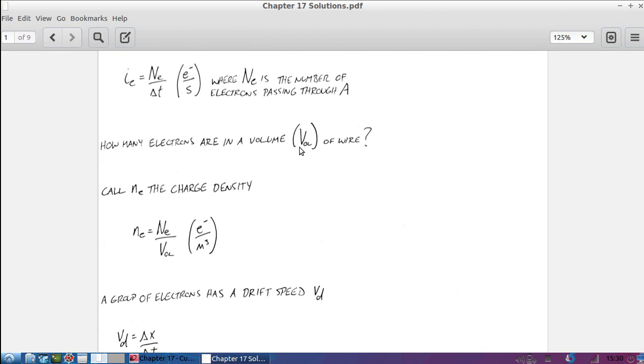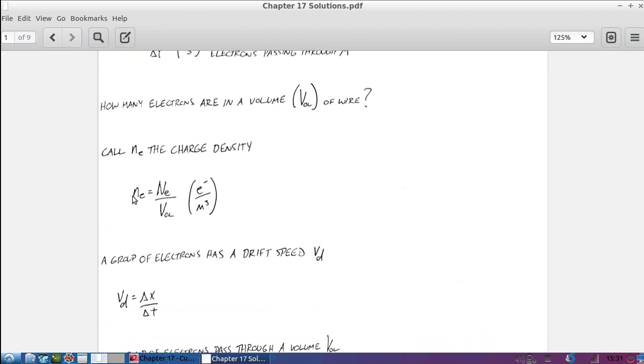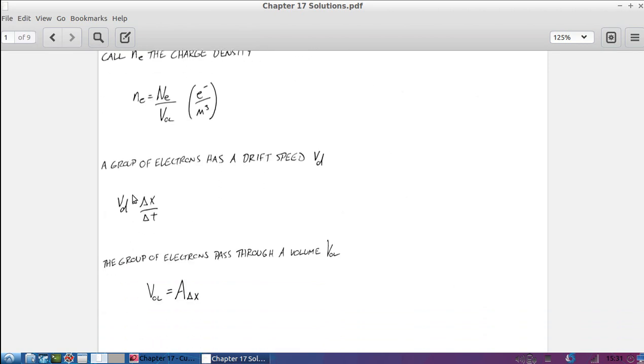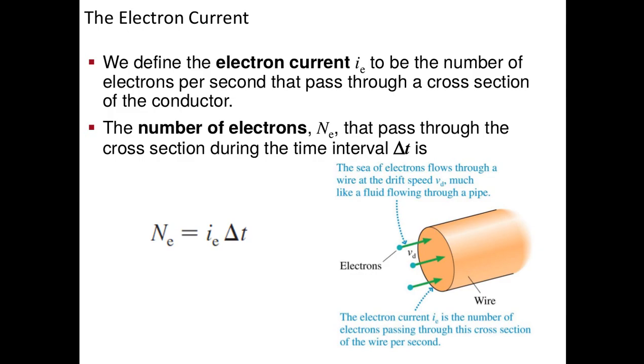So V sub vol is going to be volume. We're going to call this the charge density, the number of electrons per unit volume in a wire. You have a section of wire with a volume, and we want to know how many electrons are in that volume. So lowercase n sub e is going to be called the charge density.